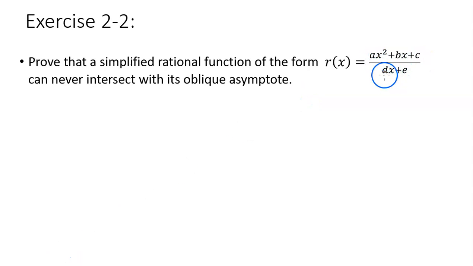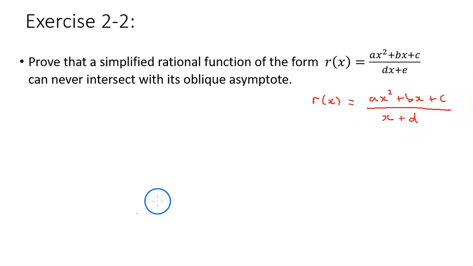Here a, b, c, d, and e are arbitrary real numbers, so I'm going to divide the top and the bottom by d and just rewrite r of x as ax squared plus bx plus c divided by x plus d, where again a, b, c, and d are arbitrary real numbers. So this just makes the calculations slightly easier.